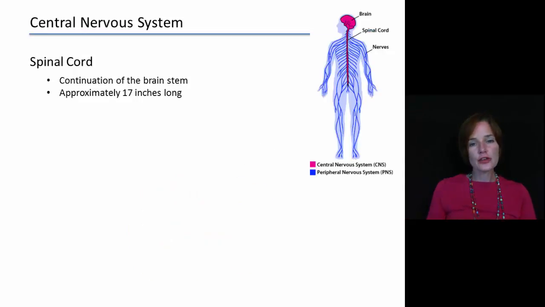If we look at the other component of the central nervous system, the spinal cord is that long pink part that we see going down through the image. This is a continuation of the brain stem. And so this is just really connecting and continuing the brain down the body. It's approximately 17 inches long when we're talking about the spine.